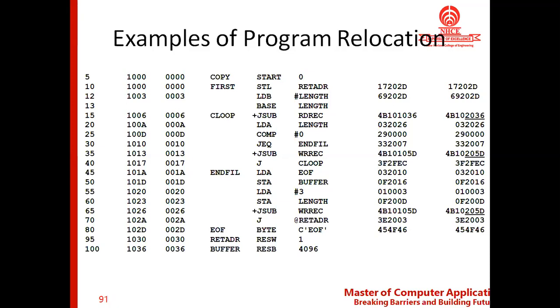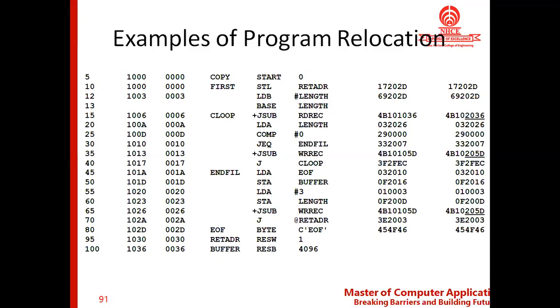Now the program starting address is 0. Assuming we got the object code as given in the second column from the right-hand side, you can see that only at very few places does the object code have to be changed.